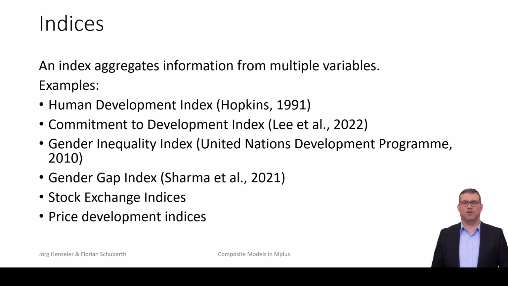Or there are price development indices, which are constructed by national statistics offices to determine the inflation rate in a country. Indices are usually something which is practical. It's not necessarily about mirroring a variable that really exists, but it's rather about condensing information in several variables into one single variable.